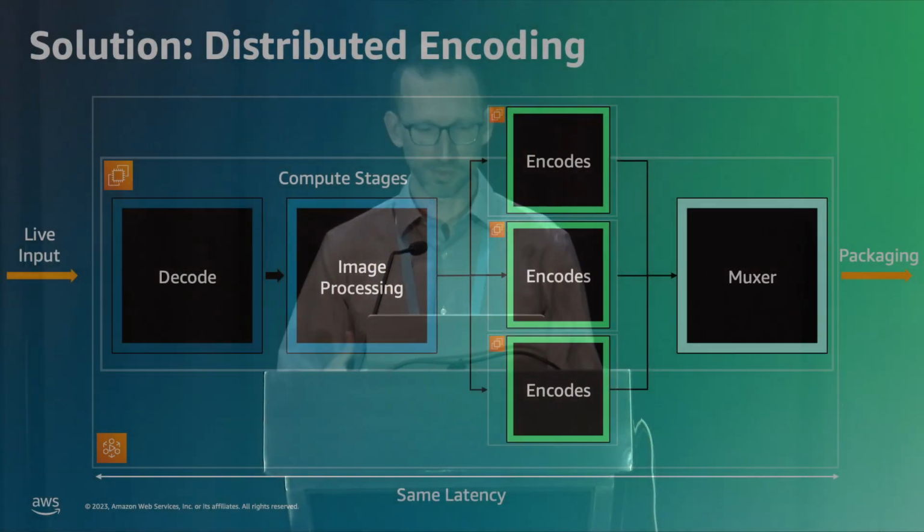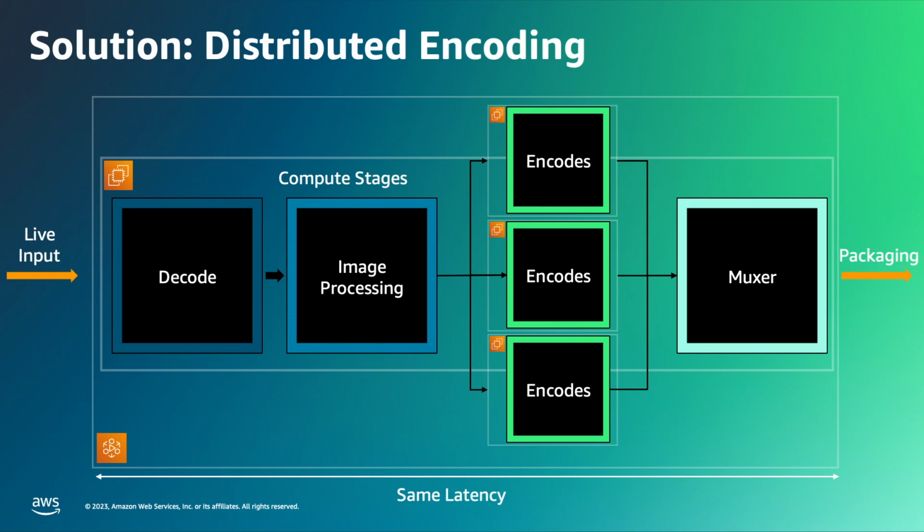So we said, well, we should use multiple machines. If we could take these encodes and put some on one machine and some on the other machines, we can now distribute this, which sounds great, and it makes sense. You want to distribute your load. But the problem is we're dealing with 4K frames, and a large amount of data that needs to be sent from our main node to these other nodes, and then it has to come back as well.